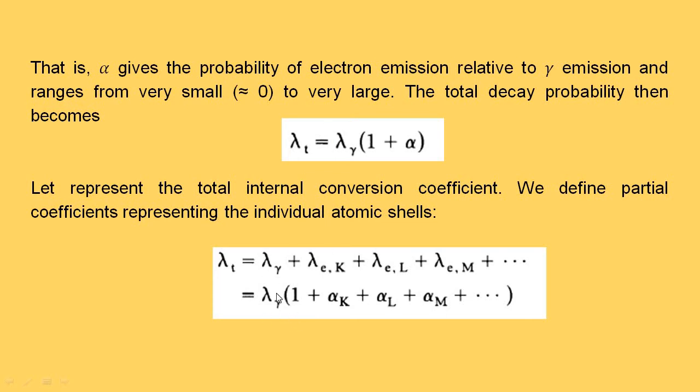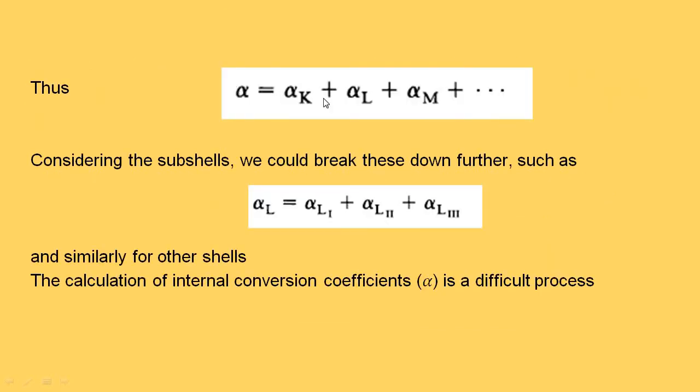Similar to this, it will be lambda gamma of 1 plus alpha k plus alpha l plus alpha m plus etc. Thus, you can write this alpha as a combination of alpha k, alpha l, alpha m sums. Considering the subshells, we would break these down further, such as alpha L can be written as alpha L first, alpha L second plus alpha L third, and similarly for other shells.